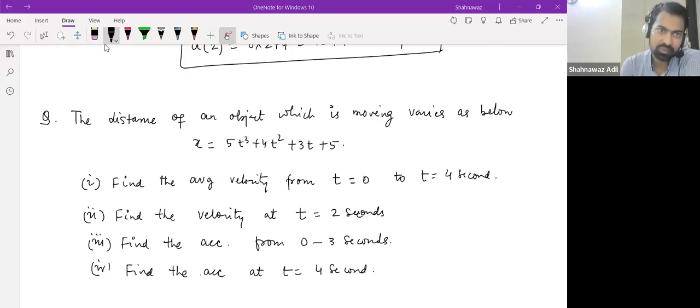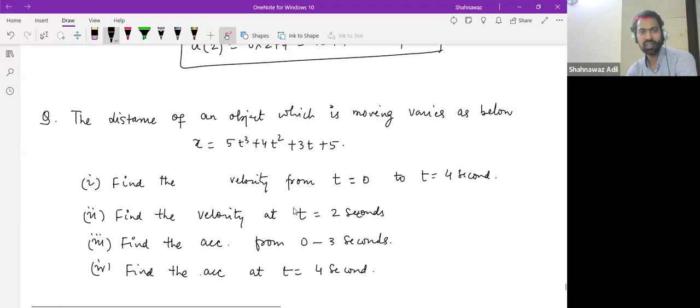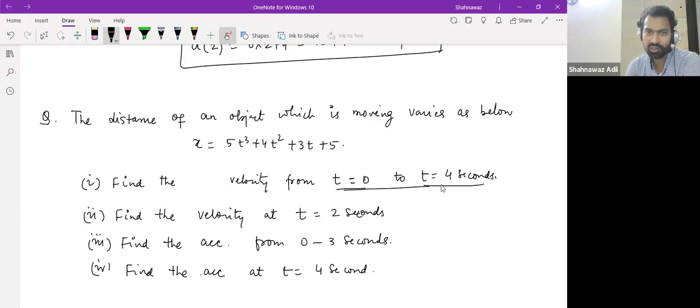So in this question you should identify that they are asking us to calculate the velocity from t equals 0 seconds to t equals 4 seconds. So what velocity will we calculate, guys? Average velocity. Yes, absolutely correct.